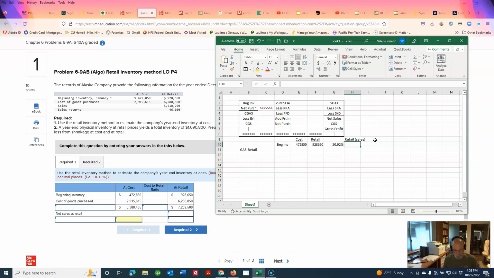If we were to subtract our cost, so if we were selling all of our inventory, this would be our cost of goods sold. And the difference between our sales and cost of goods sold is our gross profit.